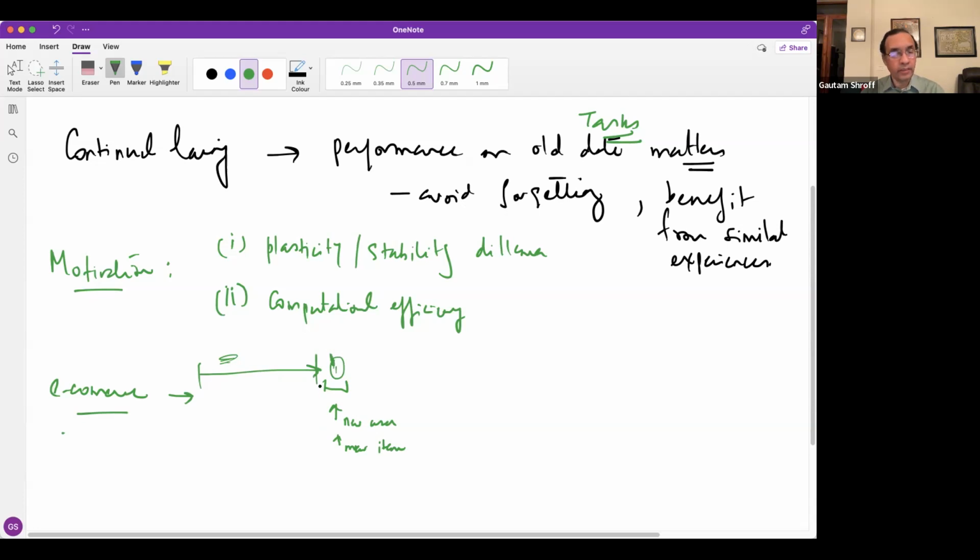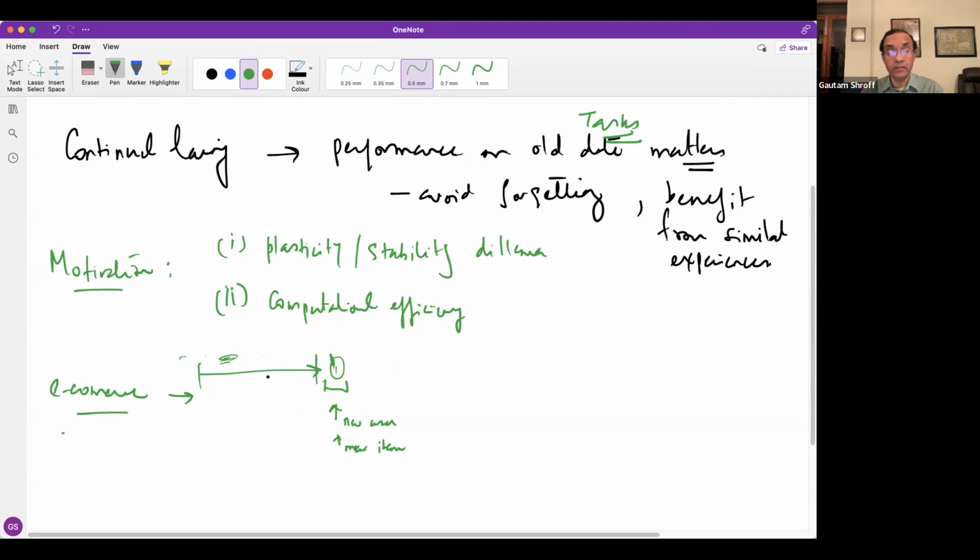But you would like to do that in a manner so that you are doing it efficiently. That means you don't want to go and visit all the data, but you also don't forget a lot of what you learned in the past, right? But then, of course, when you have the time, it makes sense to go back and train on all the data too, because that's more practical and you'll get better accuracy. But there may be cases where you don't.